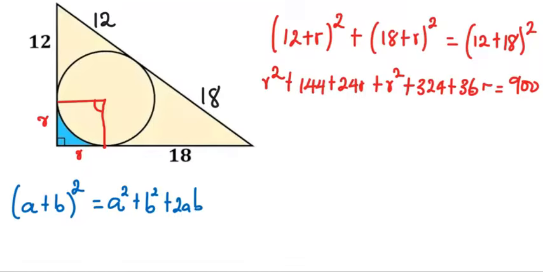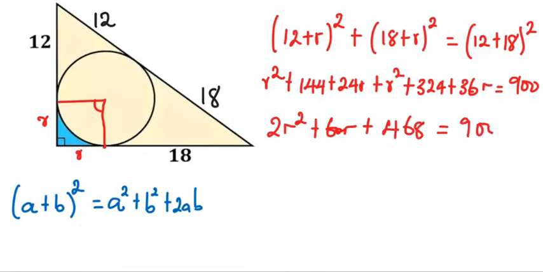So here, simplifying nicely, we get r squared plus r squared will give us 2r squared, plus 24r plus 36r, that is going to give us 60r. And then plus 144 plus 324, that is going to give us 468.